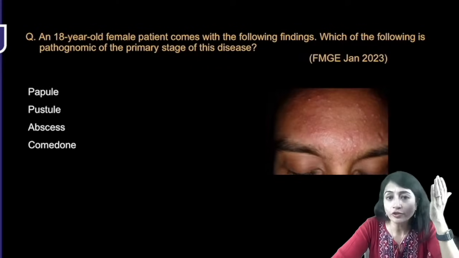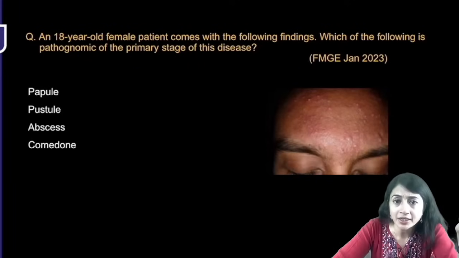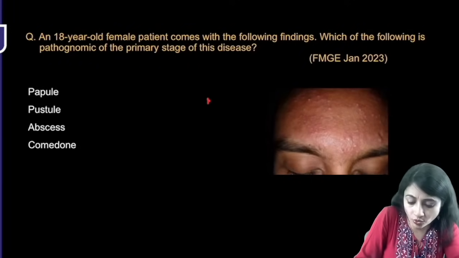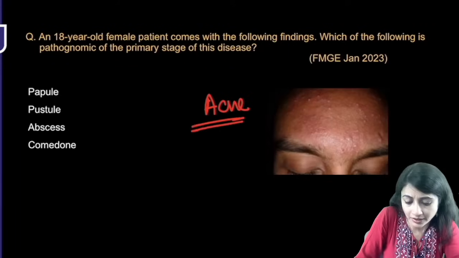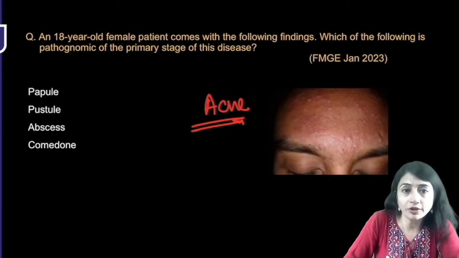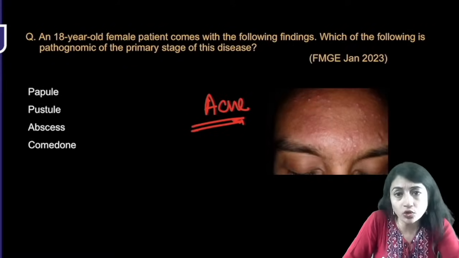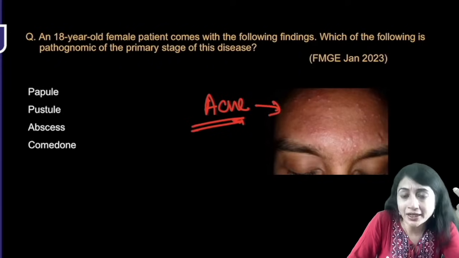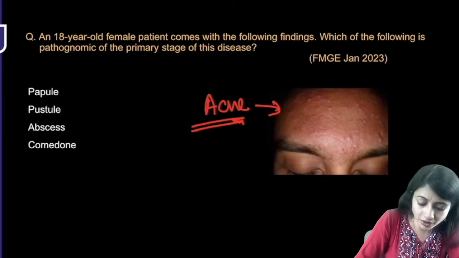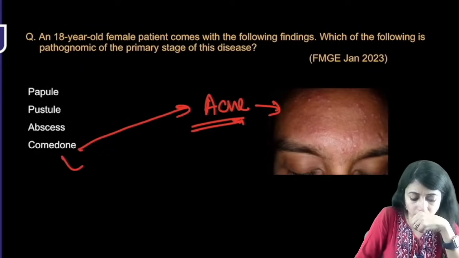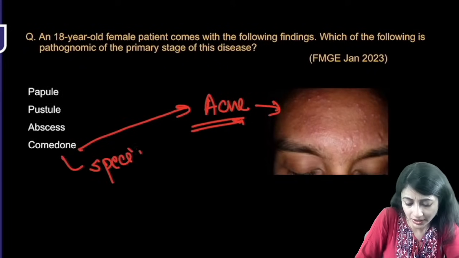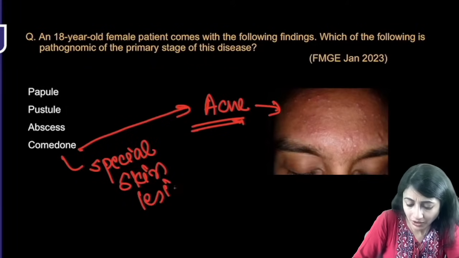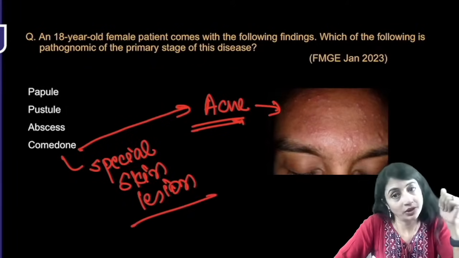So yes, what we see here are whiteheads or comedone. So in the image itself, I know that I am seeing acne, and it is an 18-year-old female, the right age where you see a lot of acne, and you see acne on the forehead. So the image is of acne, and we all know that comedone is a special type of skin lesion which is pathognomonic of acne vulgaris.